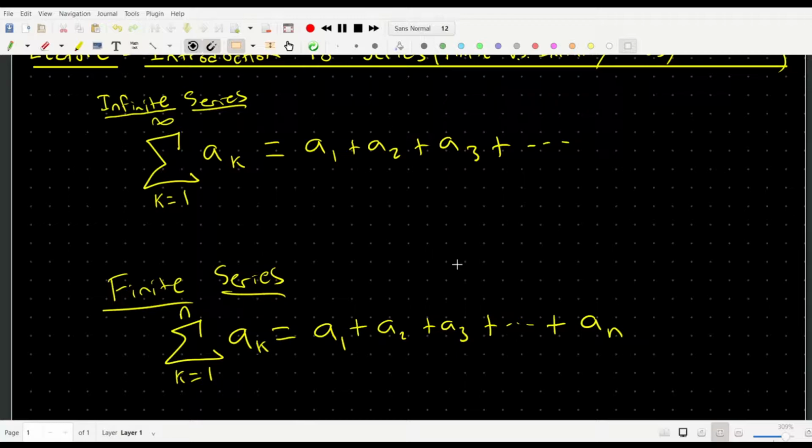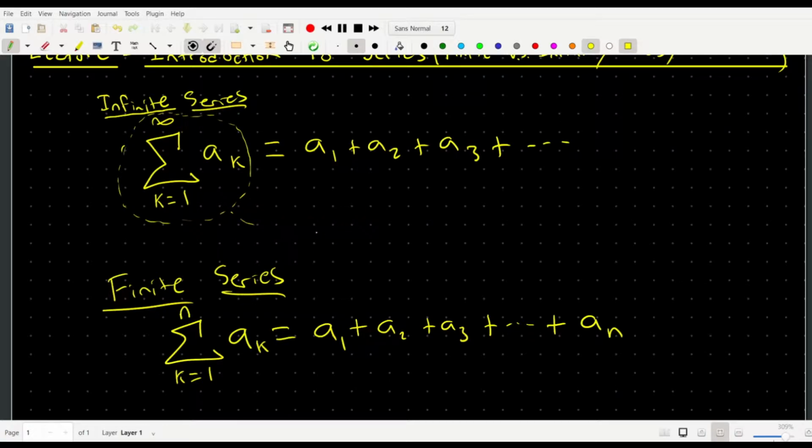At first it's not immediately apparent, but the idea is that we want to use what is called the sequence of partial sums, which is a sequence of finite series associated with a given infinite series. This is the way forward in the correct way of defining this process of summing up infinitely many terms.